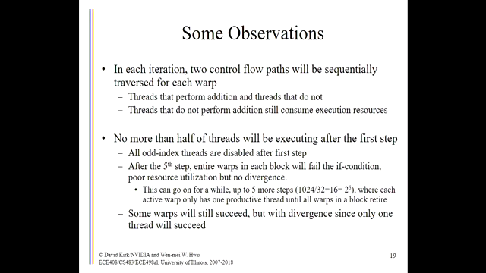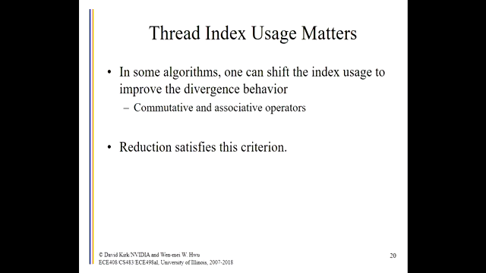So some would still succeed, but it will be extreme divergence in those warps. So this is why the thread index usage really matters. When we map this in an intuitive way, we can actually create this very inefficient use of threads and also lots and lots of control divergence along the way.